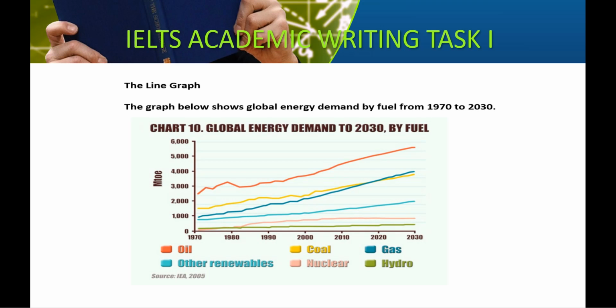The graph below shows global energy demand by fuel from 1970 to 2030. Actually, I have written the line graph, just to indicate that it's not just a graph. You need to indicate the proper heading, the line graph, because it could be the bar graph.